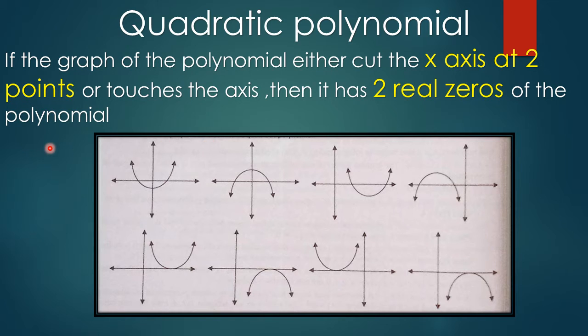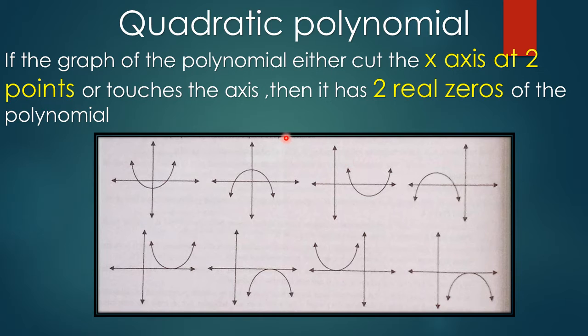Then you may have a doubt. In these four examples we have two zeros. What about these other examples? Yes, in a quadratic polynomial you can have a maximum of two real zeros. That means you can have even 1 zero also, but at maximum you will have two real zeros.